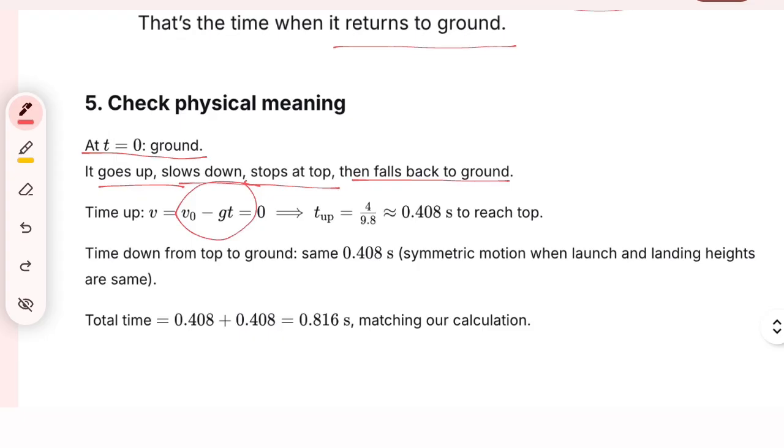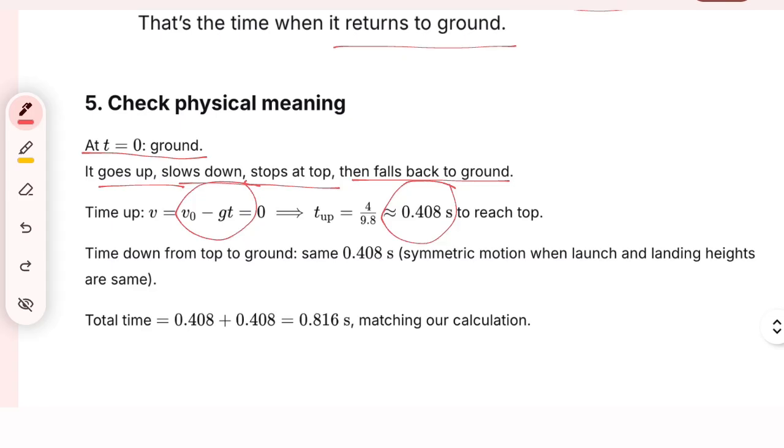So we can actually compute the time for the ball to reach the top, right? We can use this formula, and then we can compute the time for the ball to travel from the ground to the very top. And the time is 0.408 seconds. So that is the time it takes the ball to travel from the ground to its maximum height, to the topmost.